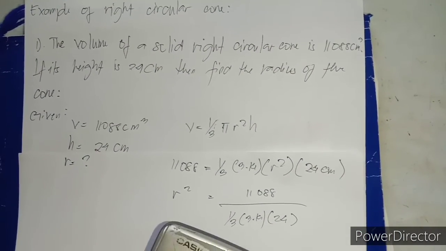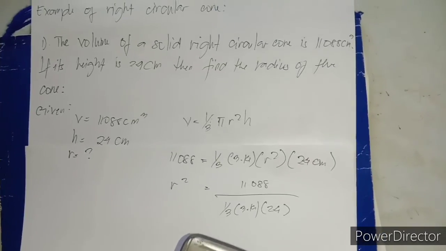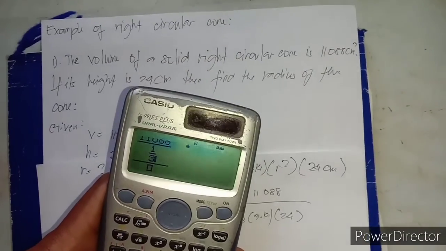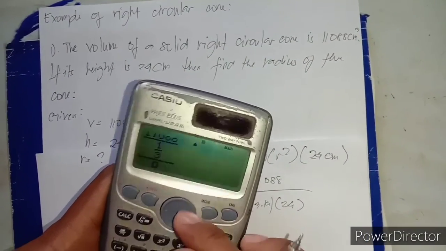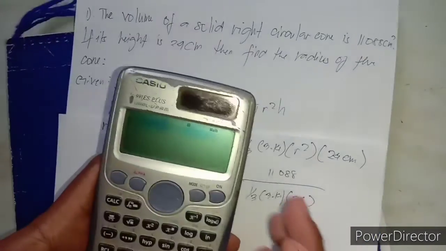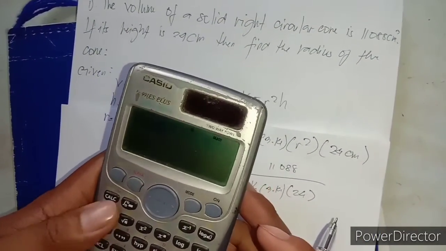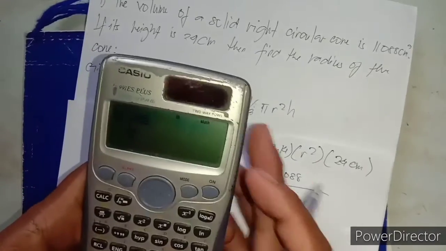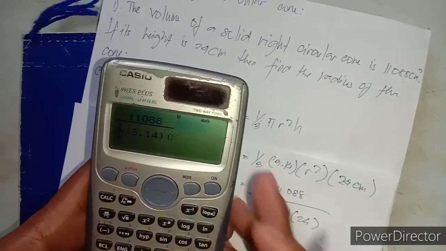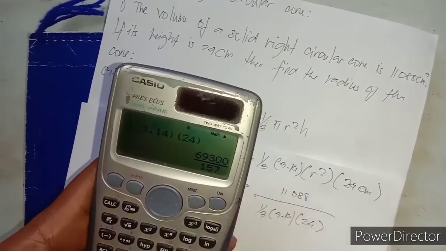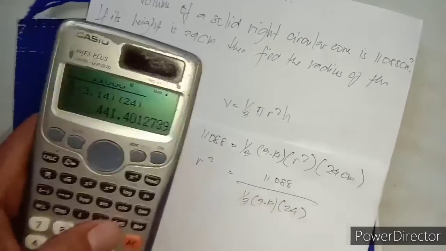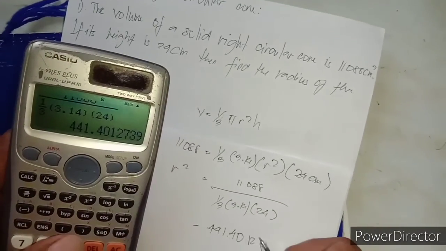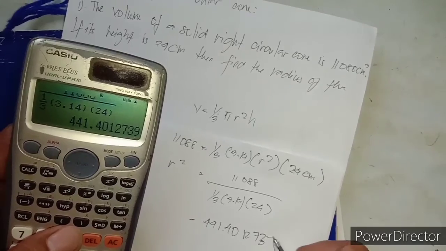So 11,088 over 1/3 times 3.14 times 24. So it's 441.4012739.